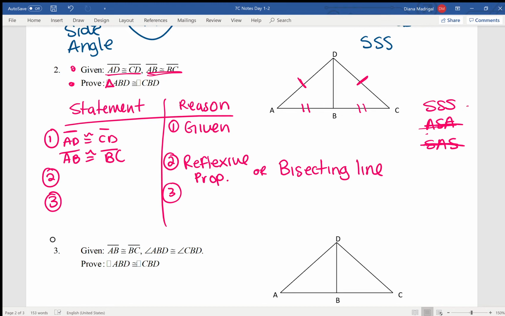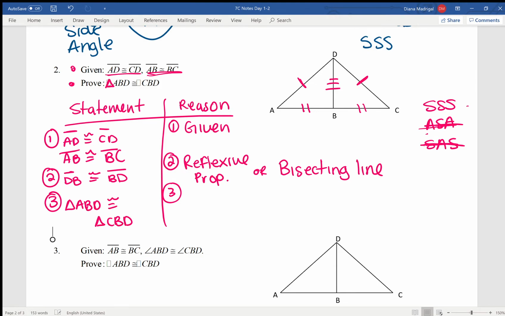All right, so my statement is going to be that BD is congruent to BD, reflexive property. That means that this is the third line. And I told you number 3 is going to be the proof. So the proof is triangle ABD is congruent to triangle CBD.